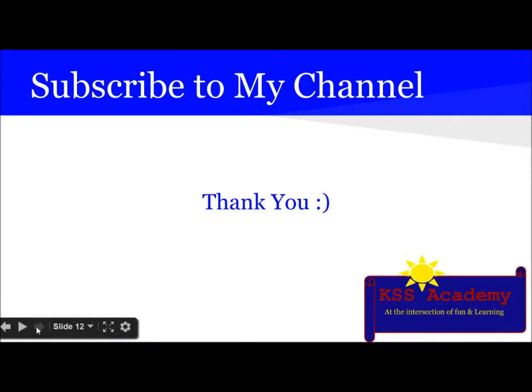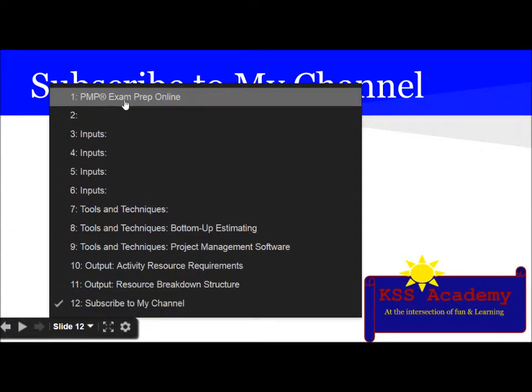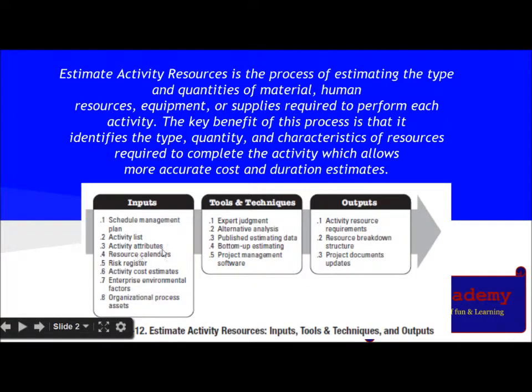So guys, I hope you got some idea on the estimating activity resource process. So let's revise once again. The inputs are schedule management plan, activity list, activity attributes, resource calendar, risk register, activity cost estimate, EEF and OPA. The tools and techniques used are expert judgment, alternative analysis, published estimating data, bottom-up estimating.